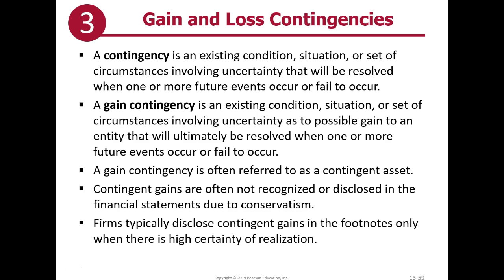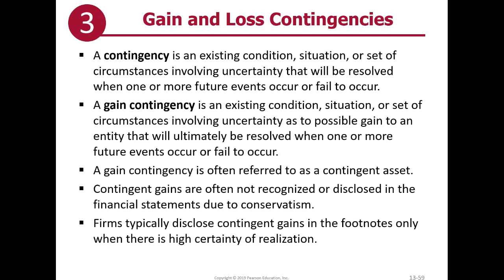Here's the accounting though. We actually don't show contingent gains. They're not recognized or even disclosed sometimes in the financial statements due to conservatism. We don't want to overestimate our revenues. We want to wait till they actually occur before we show that it is an actual gain.